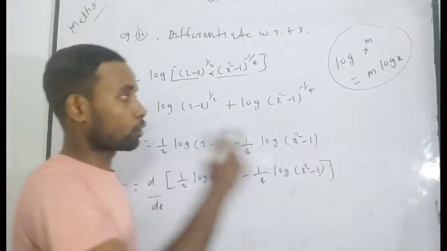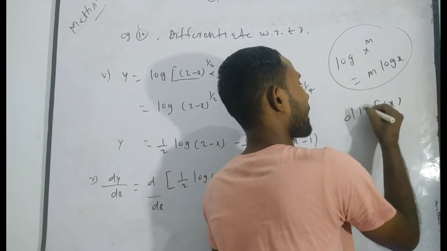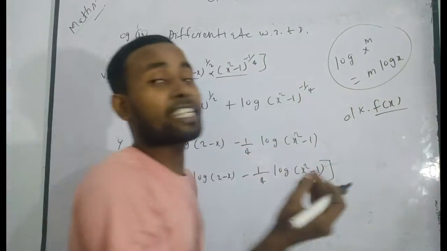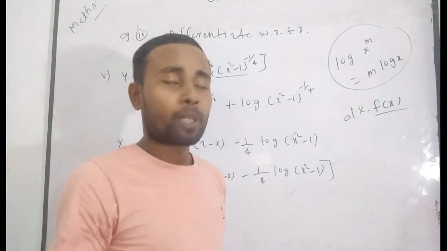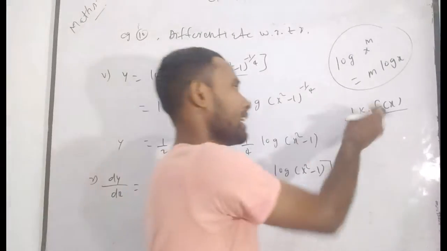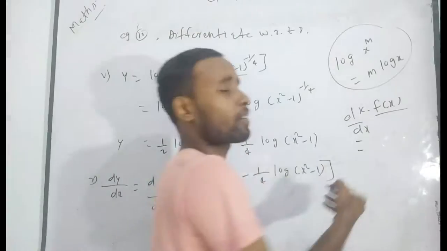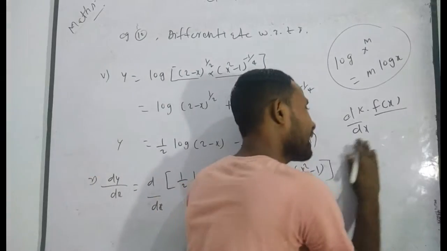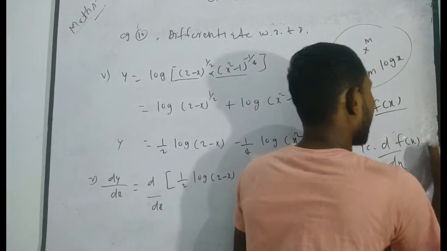I have already told you, if you differentiate k into f(x), where f(x) is a function and k is any constant, like pi, 2, minus root 2, 5 by 7, any value of k as a constant, then you can take k outside of the derivative term, that means k times d f by dx.